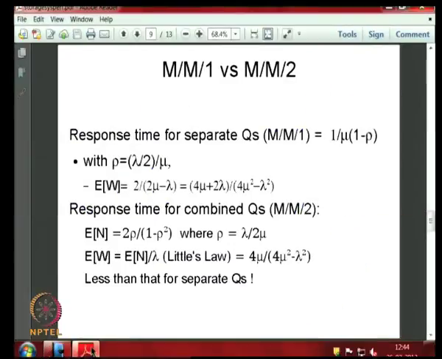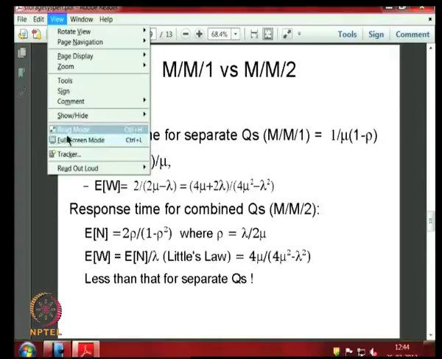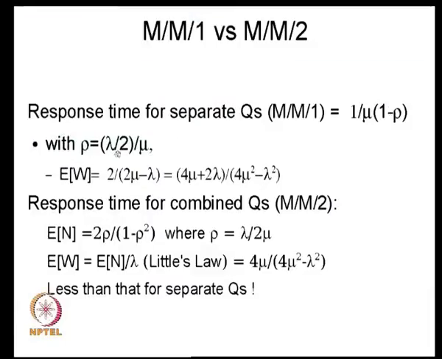So you will see that rho will be same as the new lambda by 2, which is half of the other configuration, divided by mu, because the service rate is still the same, the CPUs are there. Okay. So E of W is basically the same as this, 1 by mu minus rho.